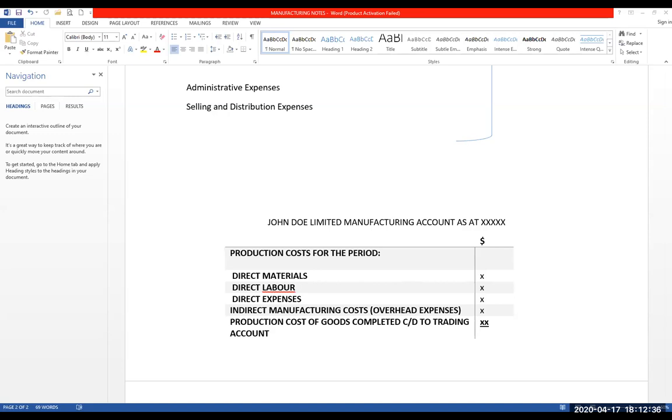You have raw materials, then you have work in progress, and then what's the other one, Samir? Finished goods. The three different types of stock: you have raw materials, the work in progress, and the finished goods or services.